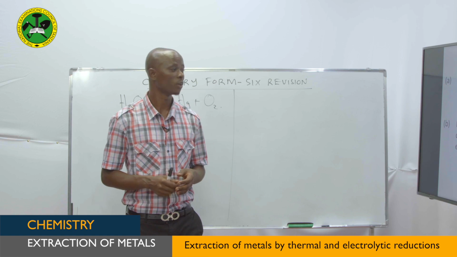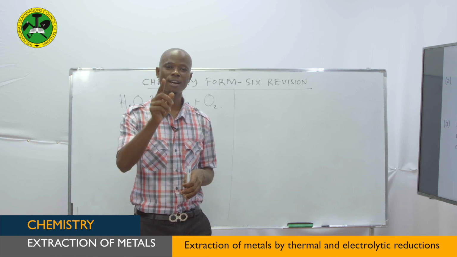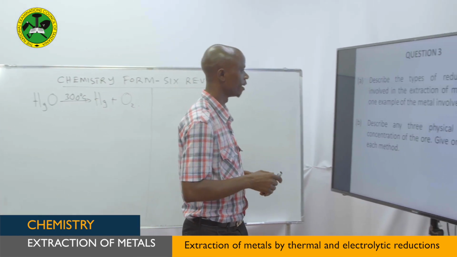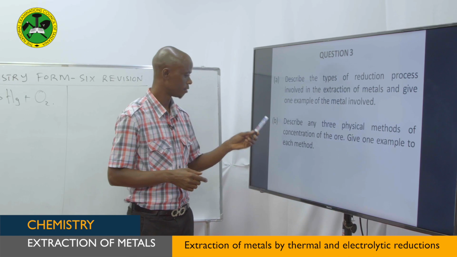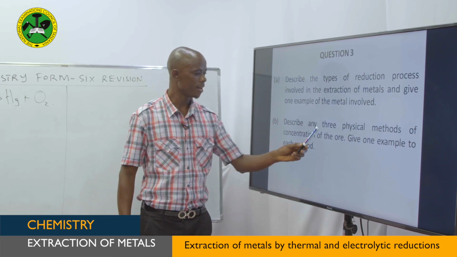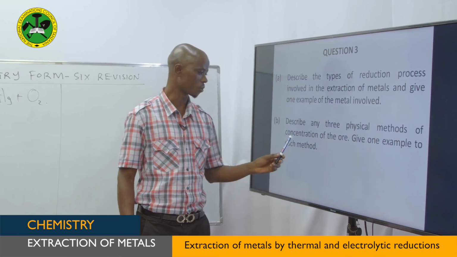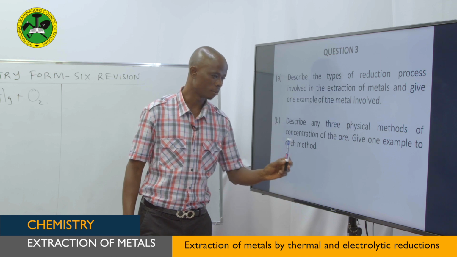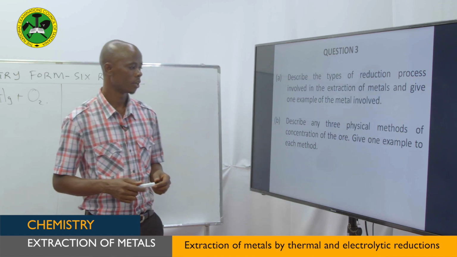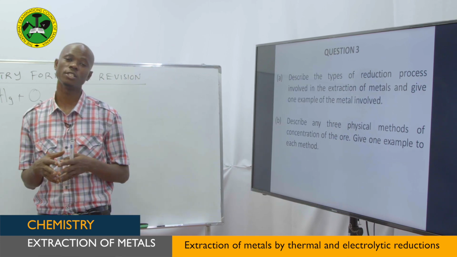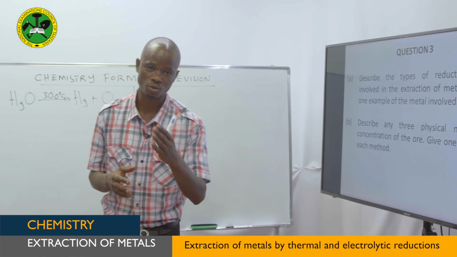Now, after we have seen question number 3, part A, we can go to question 3, part B. The question says, describe any 3 physical methods of concentration of the ore. Give one example to each method. That question is also very simple, my dear students.